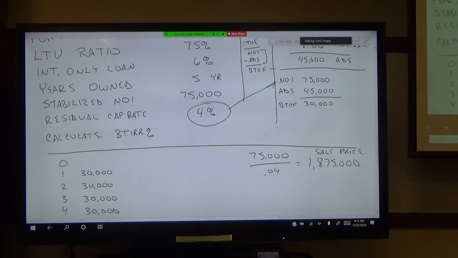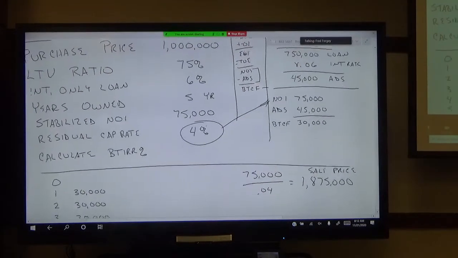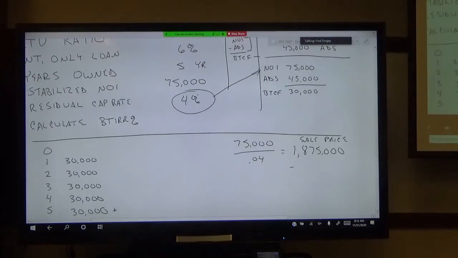Okay, but we have to pay back the loan of the money that we borrowed. The amount that we borrowed was $750,000.